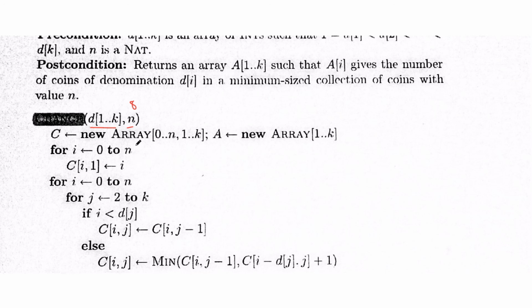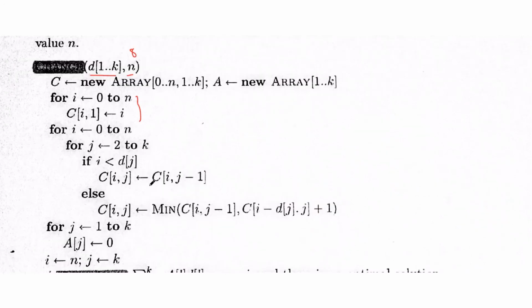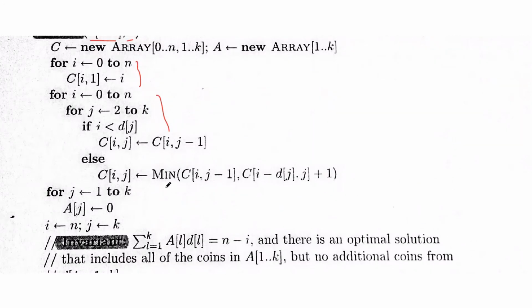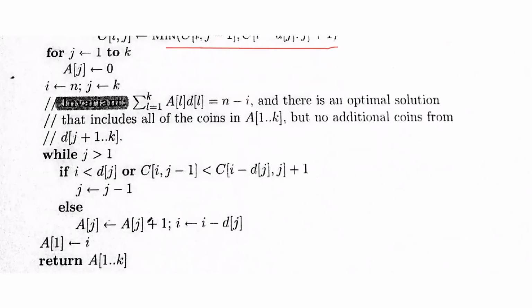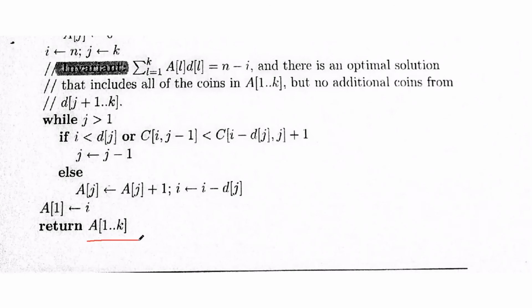You can also follow this algorithm, and you discover that you get the same result. At the end of the day, this will return the denominations and the number of each denomination. You'll be able to count how many and the particular denominations that give the change.